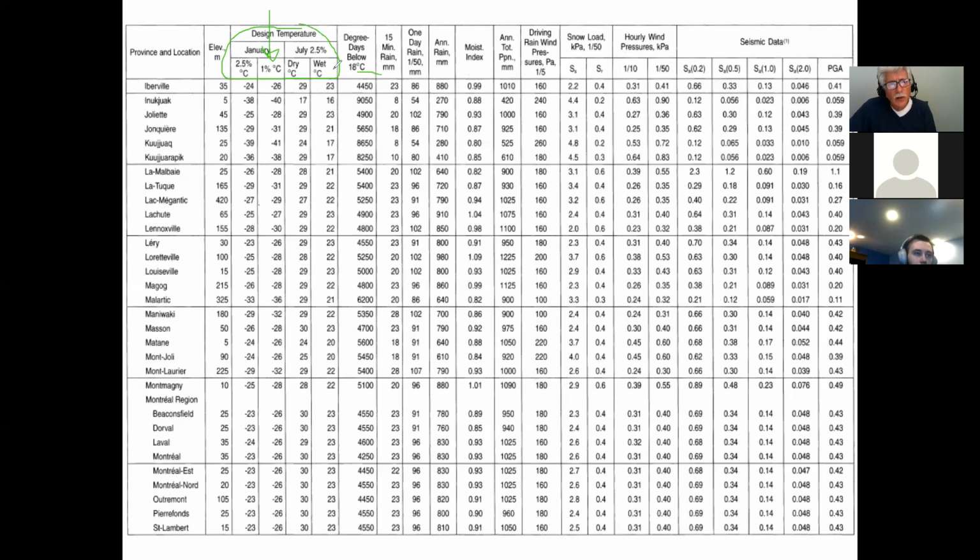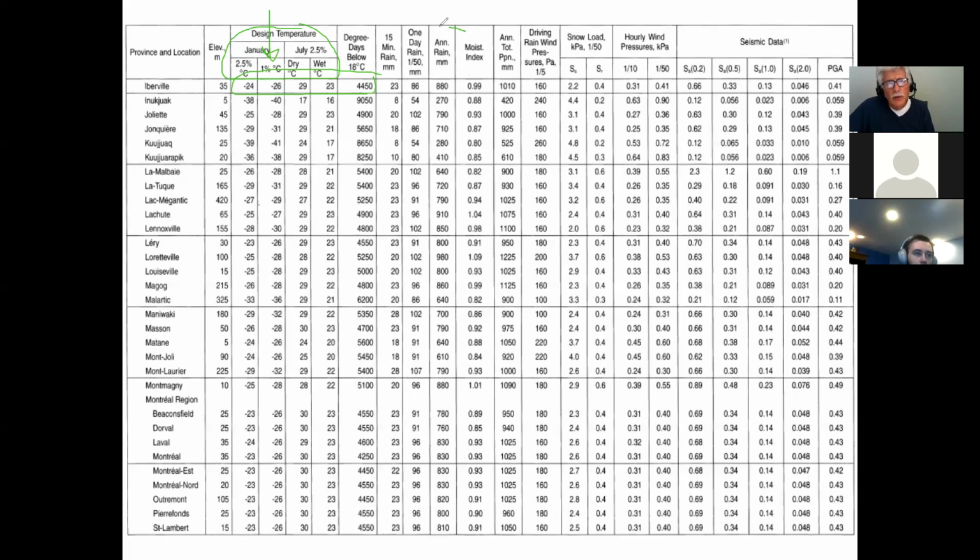So this is all information that they would use in order to know how much insulation they need and how much heating is required, how much cooling is required, and so on. It's very useful for the architects and the mechanical engineers, but as far as we're concerned, it makes no difference to us.